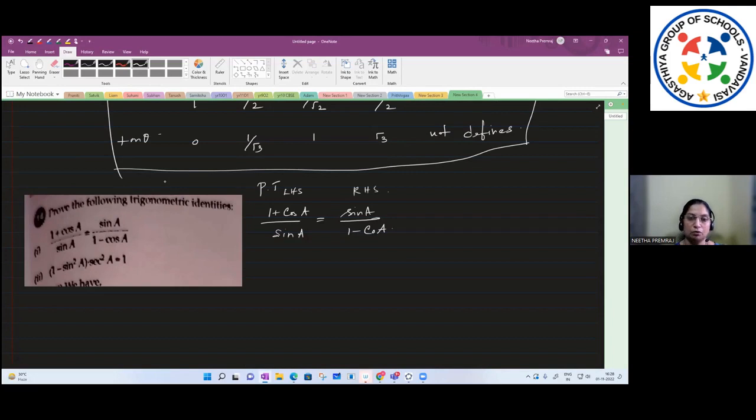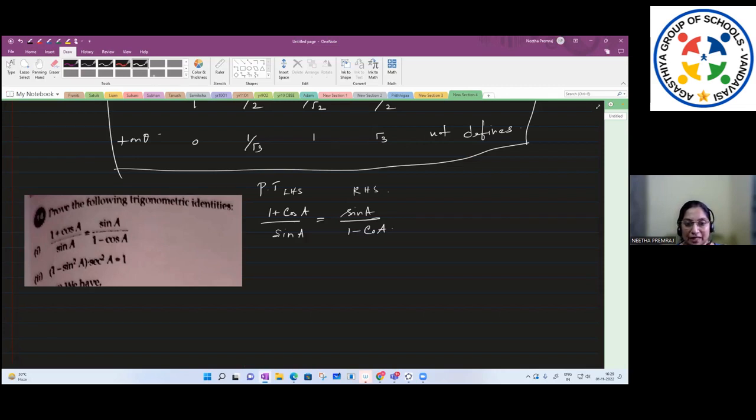The way you prove, you can take LHS and bring to RHS, or start from RHS and bring to LHS, or start from LHS and stop at a particular step, start with RHS, stop at a particular step, and equate both to show they are equal. That is up to you. Whatever method you are comfortable with, you can follow.